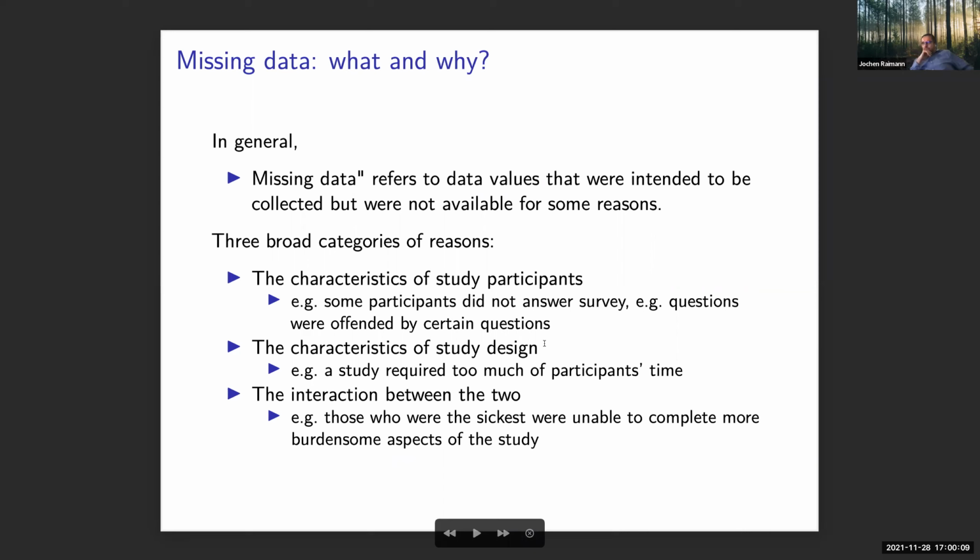Generally it can be said that missing data refers to data values that were intended to be collected, but were not available for some reason. Essentially, 3 broad categories of reasons are to be considered. One is that a characteristic of the study participants led to the data not being collected. So participants did not answer the surveys, participants did not show up to the assessment, etc. A characteristic of study design could be that the study required too much time, which is too involved for the patient, and the patient opted out of participation.